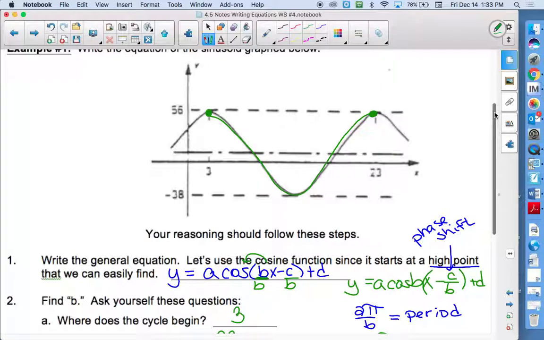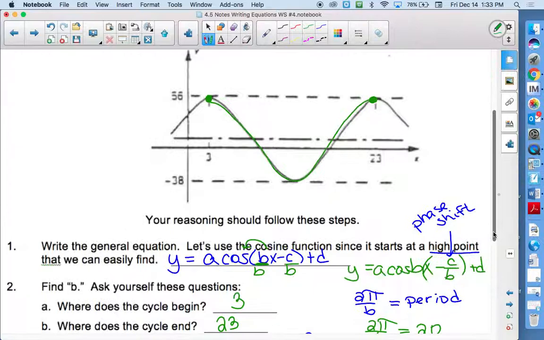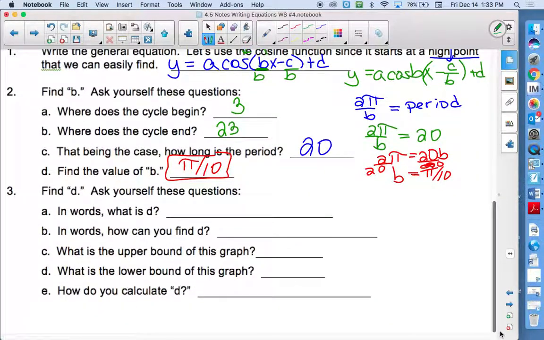Usually it sits on the x-axis, but the d value is that vertical shift. It is also the middle horizontal line of the graph, the halfway point of the graph. So it's a horizontal line that cuts the graph in half. Because you should have half of the graph above it and half of the graph below it.